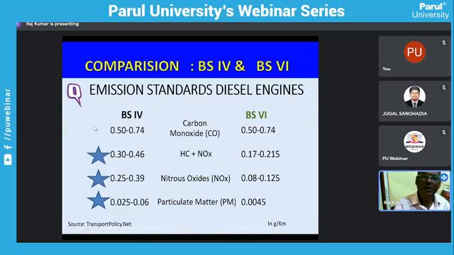The difference is only in 3 components: hydrocarbon, nitrous oxide and particulate matter. Previously this was the limitation, and now this has to be the limitation. So presently our manufacturers are designing their vehicles as per the BS6 standards.